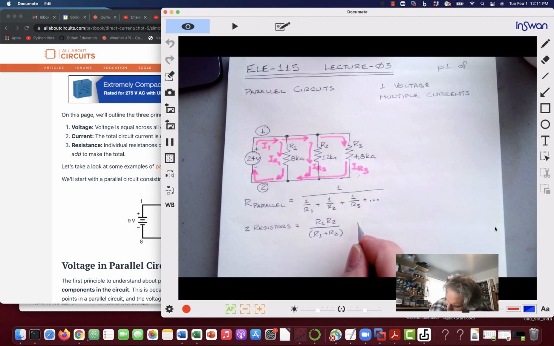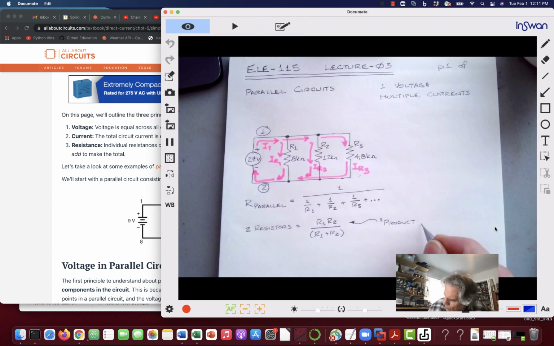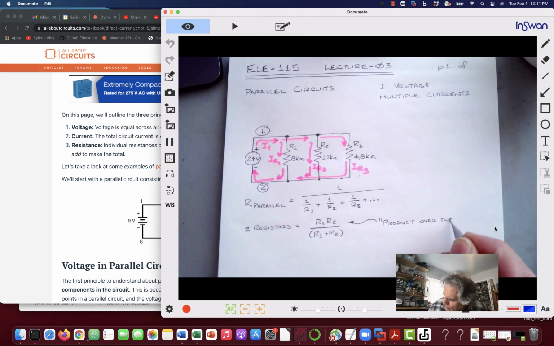And this is commonly referred to as product over the sum.